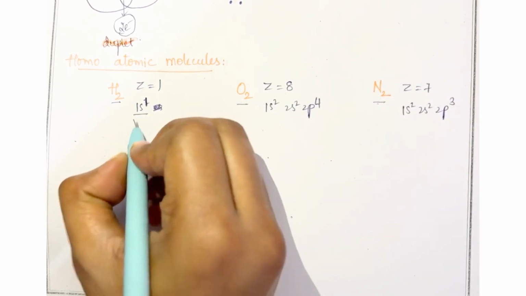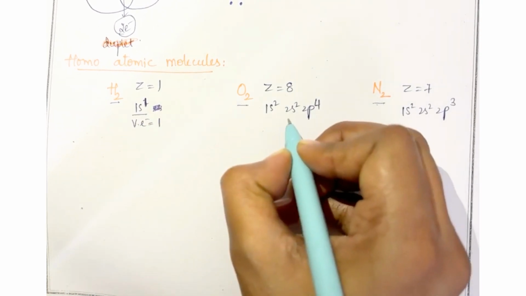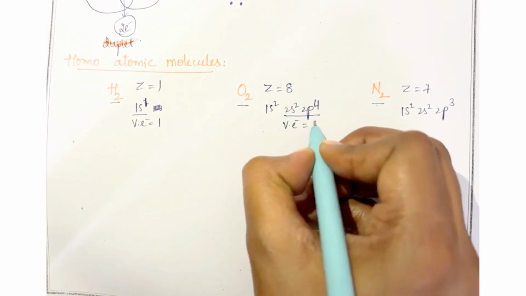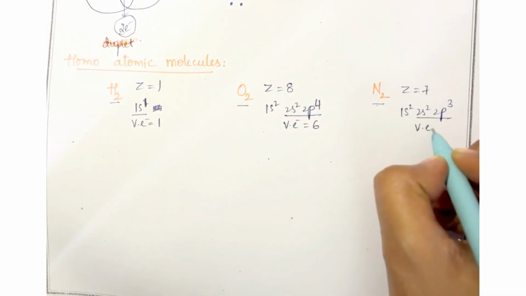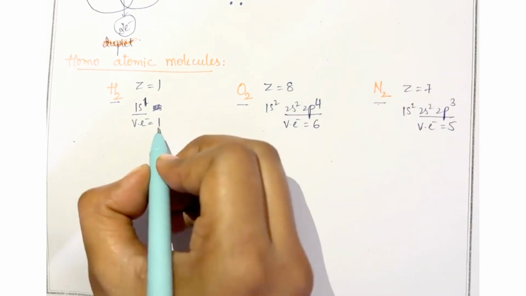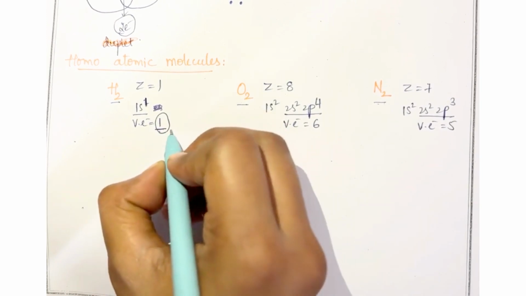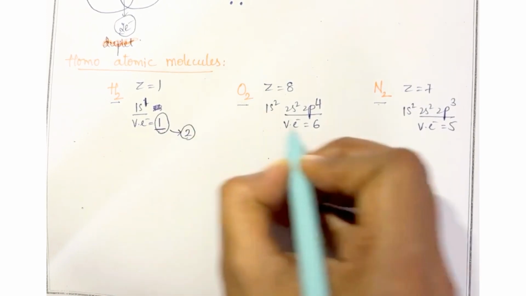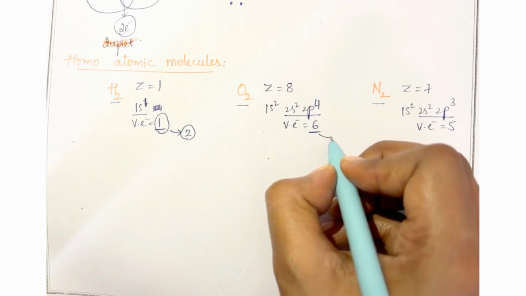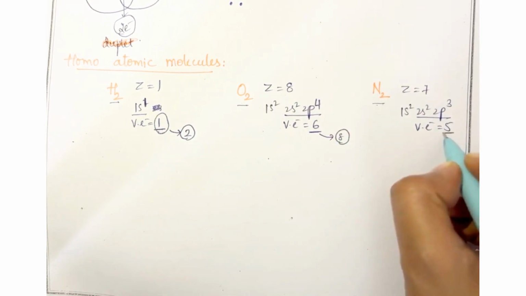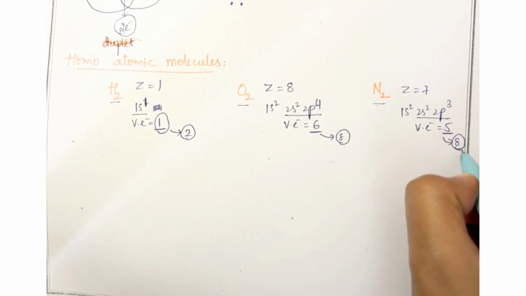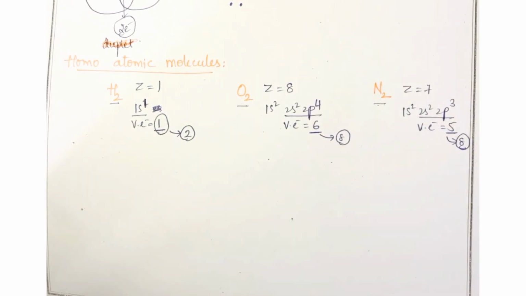So the valence electrons are 1, here 6, here 5. To get nearest inert gas configuration, this needs one more electron to get 2 electrons, this needs 2 electrons to get 8 electrons, this needs 3 electrons to get 8 electrons. So accordingly they share the electrons with the other atom.